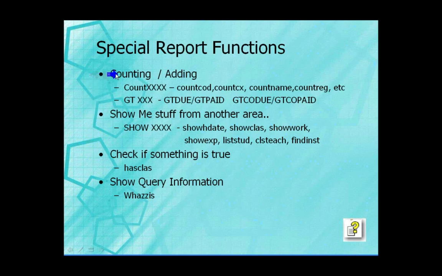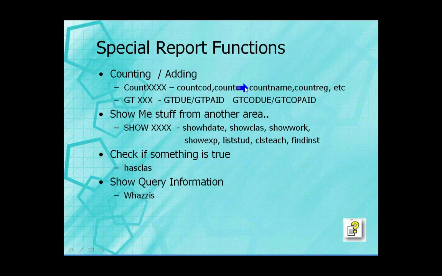There are count functions in addition to mathematical add functions. Count code, count the number of canceled records, count things for a name, count registrations. And again, tools that allow you to do primarily functions from a given area. Like if we were running a detail on names and registrations, we can get a count name easily.